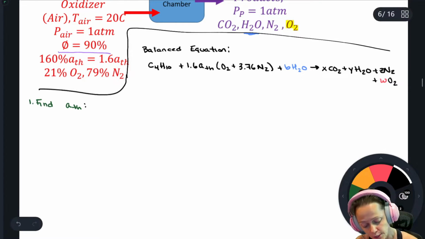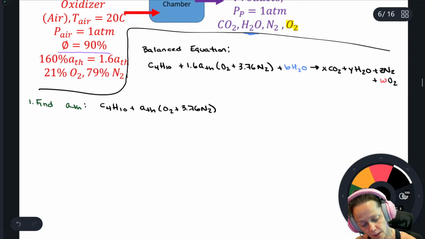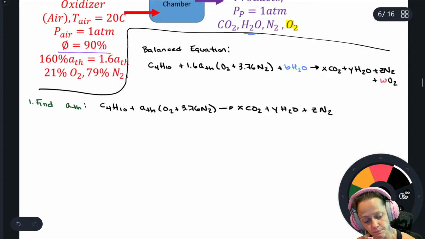For this, I need to balance the chemical equation with just the stoichiometric amount of air. So I have C4H10 plus A_th times O2 plus 3.76 nitrogen yields some amount of CO2 plus some amount of H2O and some amount of nitrogen.